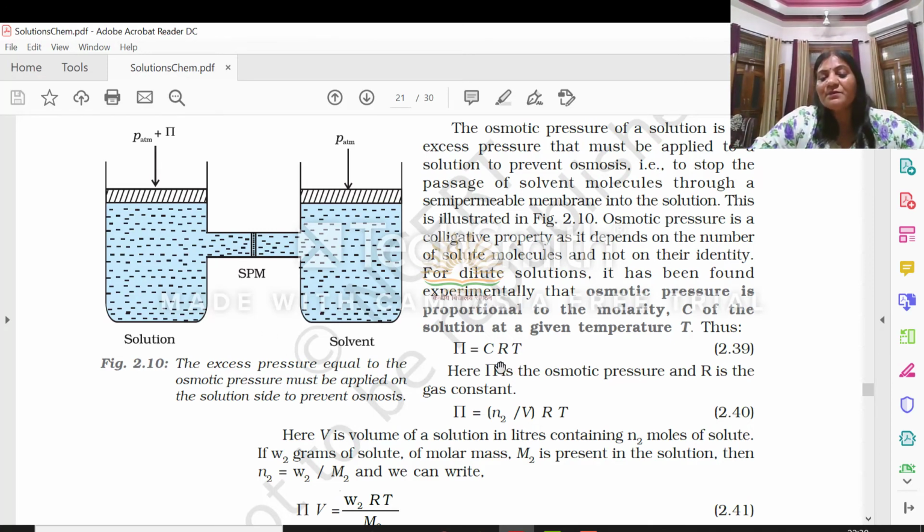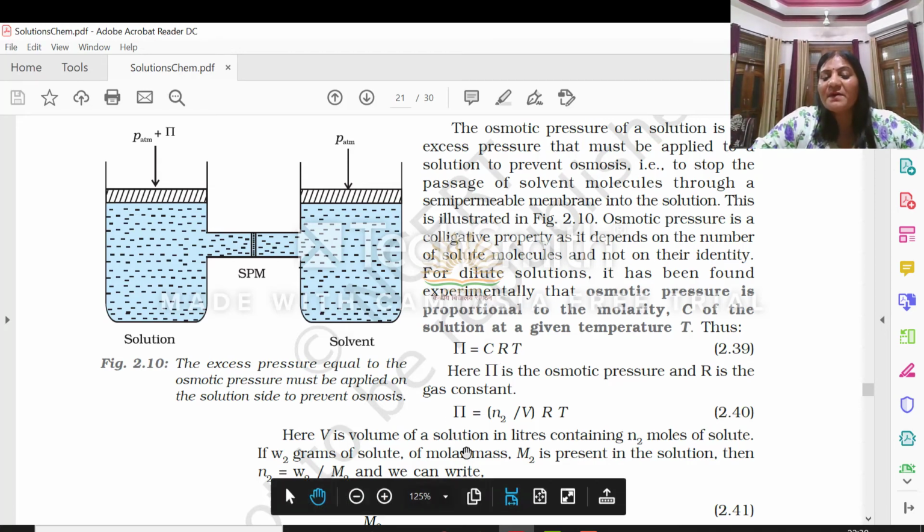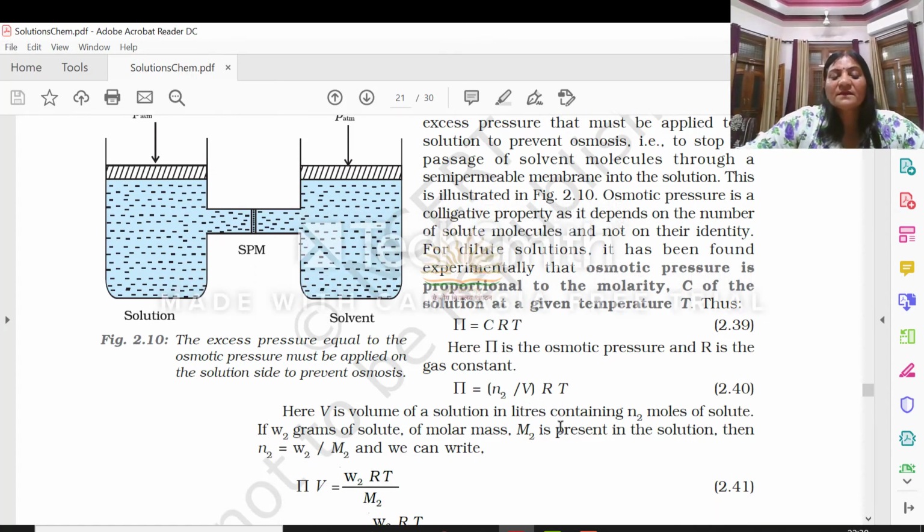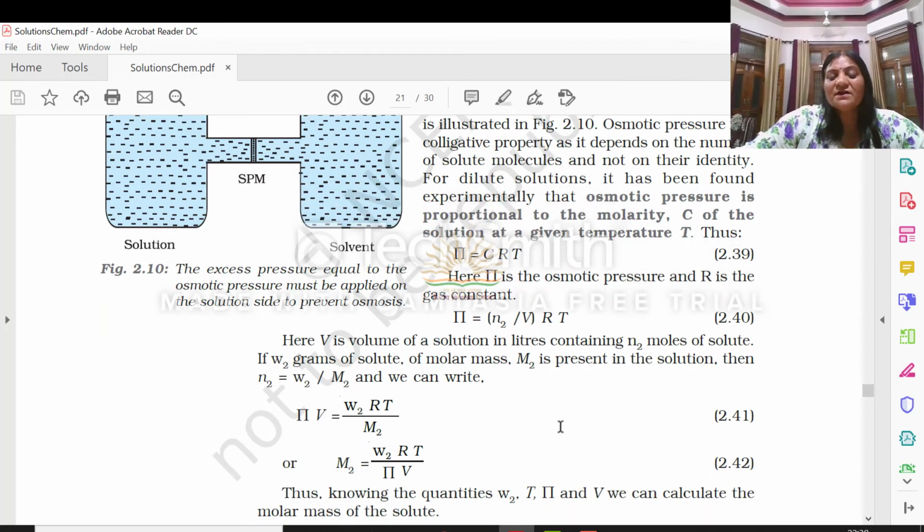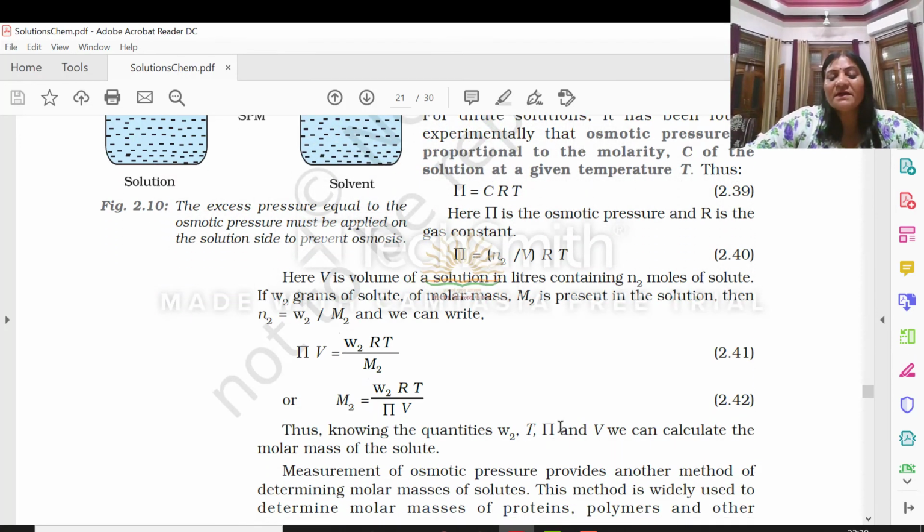Pi is directly proportional to C. C is the concentration of the solution, or you can write it as capital M, the molarity of the solution. Pi is equal to n2 by V RT, where n2 is the number of moles of solute dissolved in V, the volume of the solution. So pi V is equal to W2 RT by M2, where W2 is the weight of the non-volatile solute in grams.